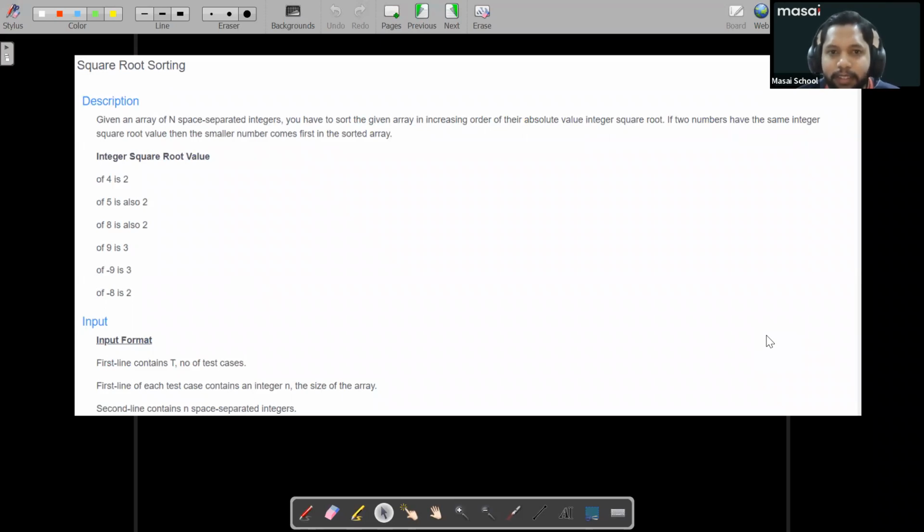Done, guys. We can proceed. I'm still giving 1 minute of extra time. Please simply read it. You need to focus on only these points: absolute value, integer square root.